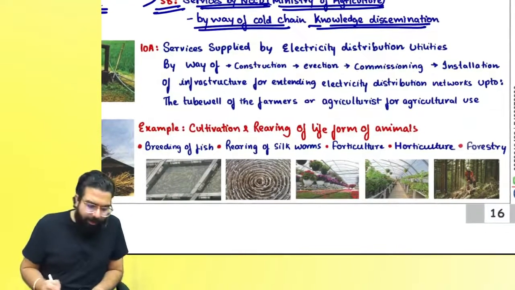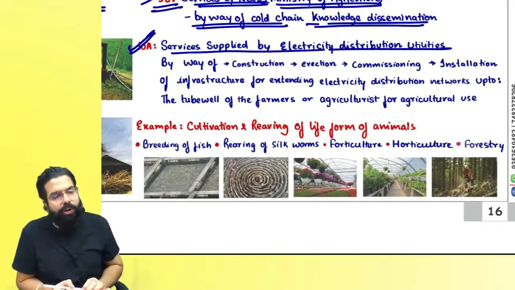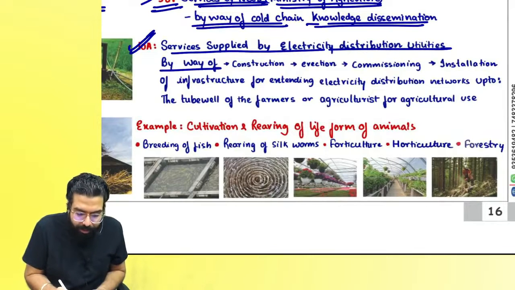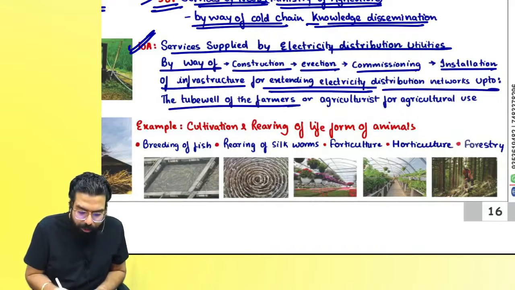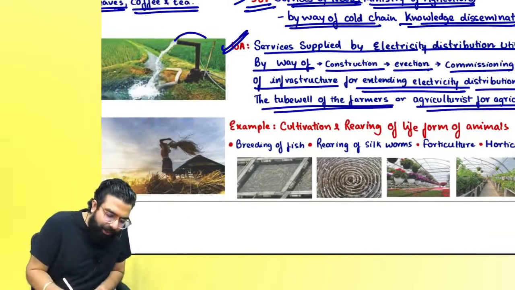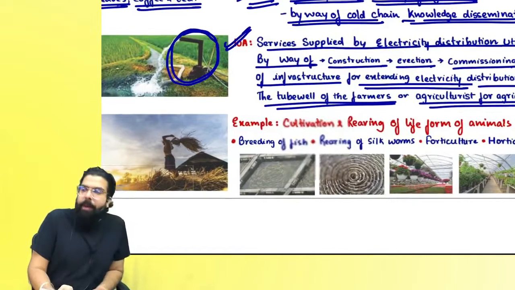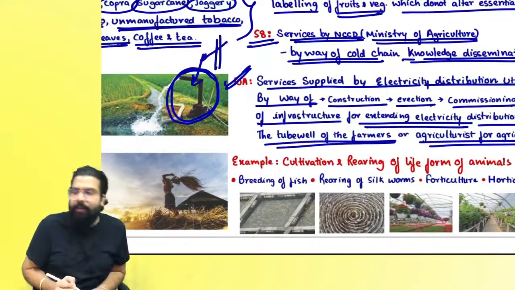Now, entry number 10A says services by way of electricity distribution utility by way of construction, erection, commissioning, installation of infrastructure for extending electricity distribution network up to the tube well of the farmer or agriculturist for agricultural use. Suppose an agriculturist told your BESCOM, sir, can you construct one pillar and provide me electricity till my tube well?